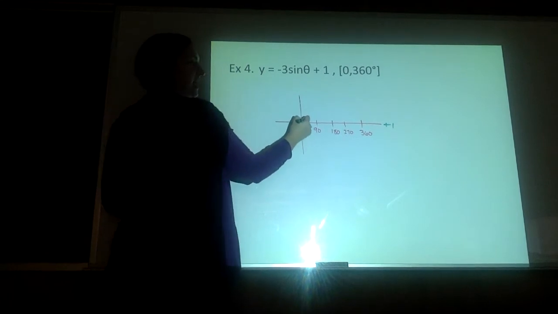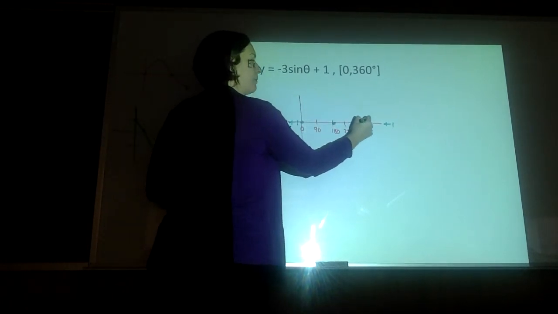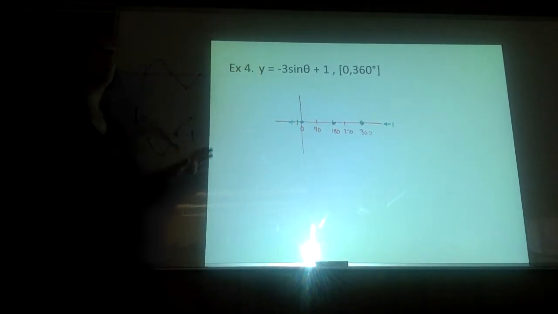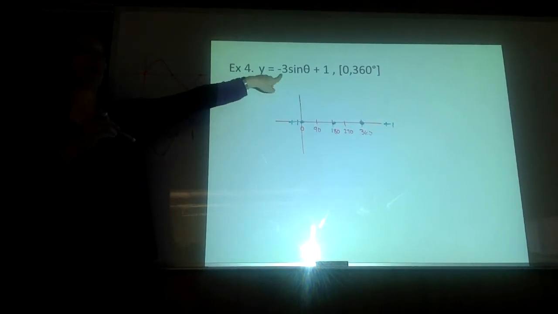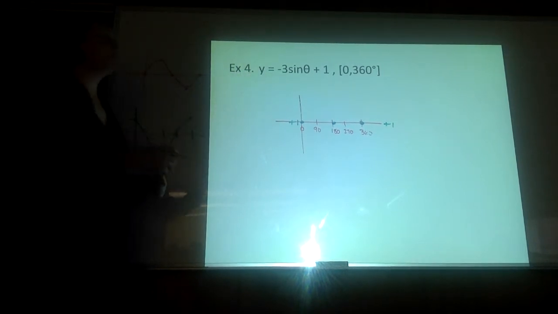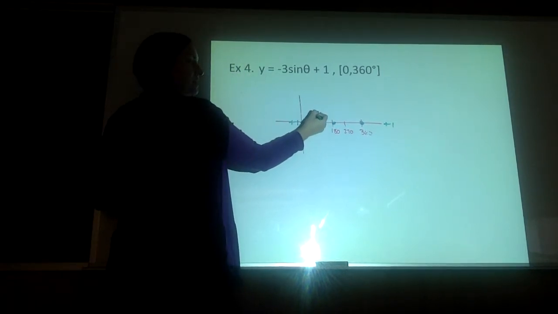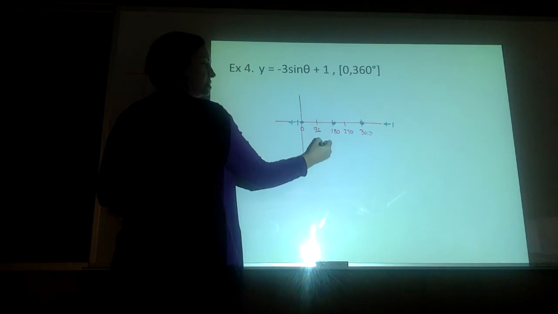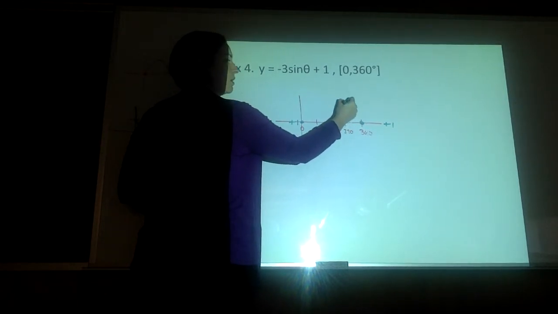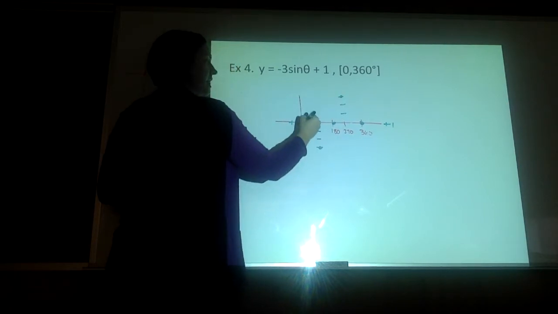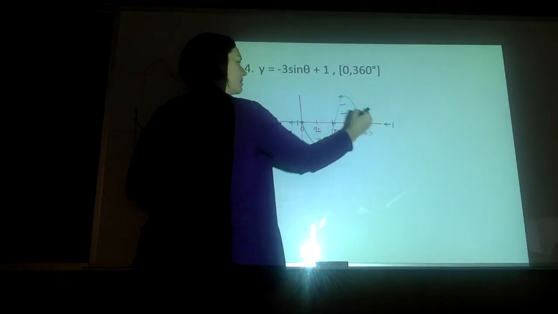We're talking about sine. That's always going to be 3 key points. That's not affected by any changes. Sine always has 3 key points on the center line. What does change is the -3 amplitude. Instead of going at 90 up 1, counting, I'm now going to go down 1, 2, 3. At 270, I'm going to go up 1, 2, 3, put a dot, and then I can connect these.